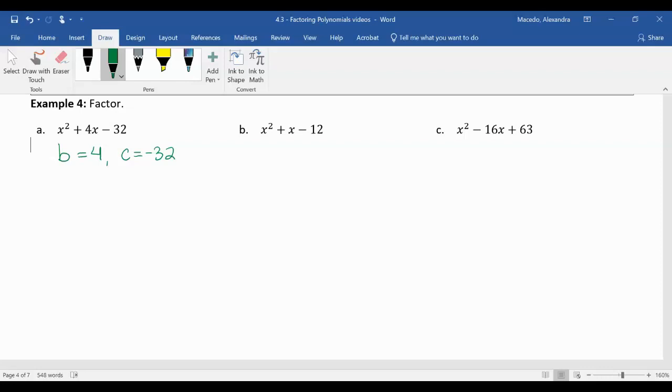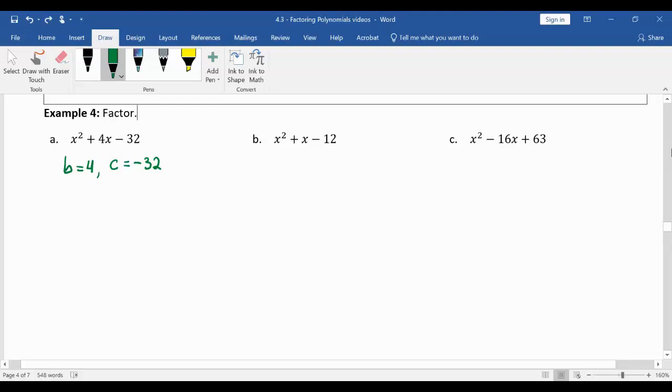So two numbers that multiply and we get negative 32, and when we add them, we get 4. If we multiply 8 and negative 4, we get negative 32. If we add 8 plus negative 4, we get positive 4.